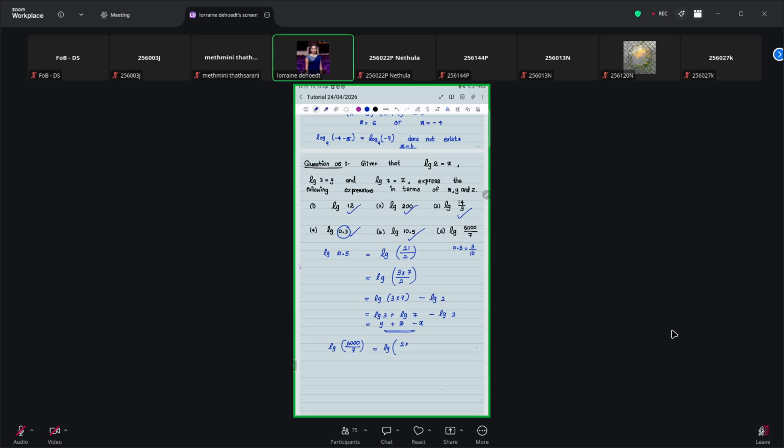That means log 3 over 10. So that means log 3 minus log 10. Log 3 means y. Log 10 means 1, because LG means the base 10. It's okay. Did you get the point?